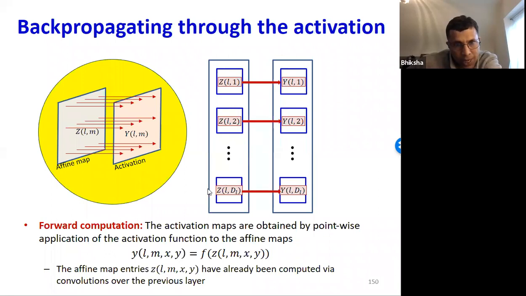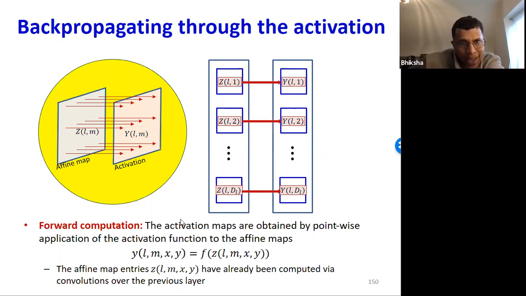Each filter gives you an affine map. Then you apply an element-wise activation to these affine maps and you get these activation maps. So y equals the activation of z: each element in y is some activation applied to the corresponding element in z.